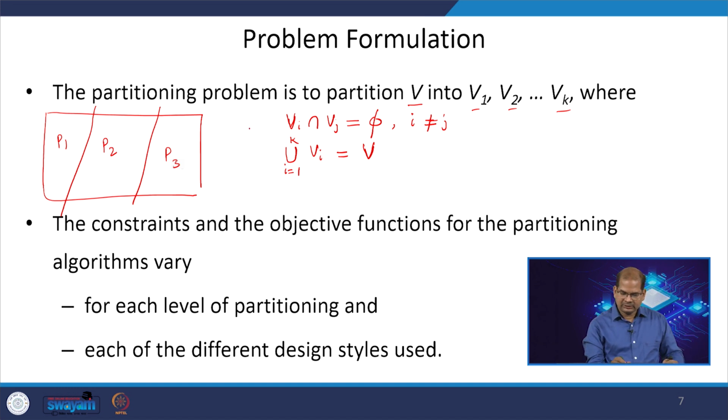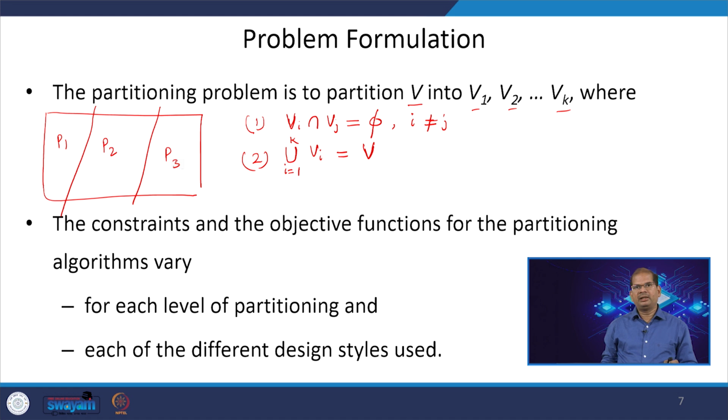The first point is that they are disjoint, and the second point says that P1, P2, P3 or V1, V2, V3 together create the overall system, the overall PCB or the overall chip. So, this is how we can formulate the partition problem.